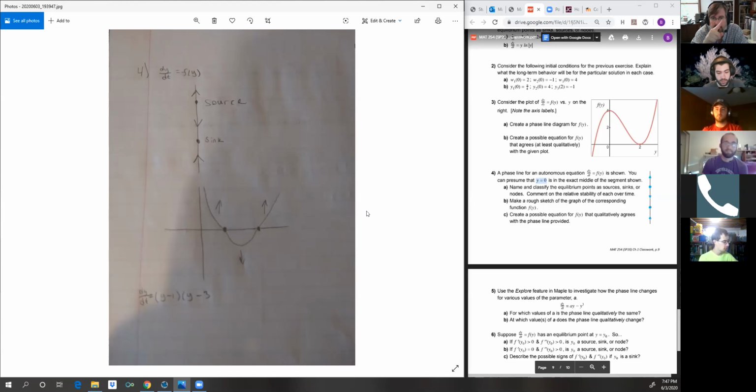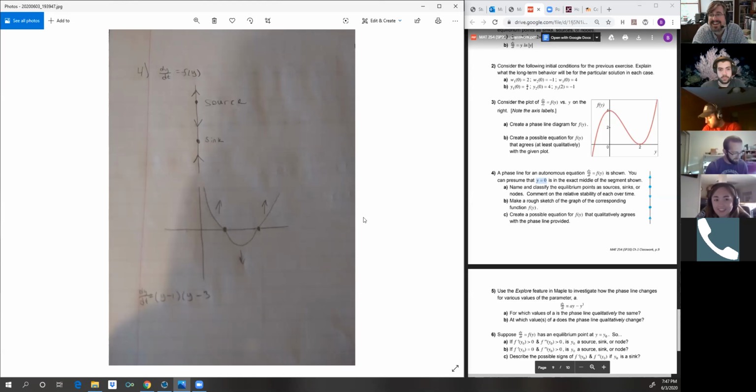That graph, that polynomial looking graph, does not have y versus t. Anybody have any idea? Emma, you want to help them out? By process of elimination, is it f of y on the vertical and then y on the horizontal?